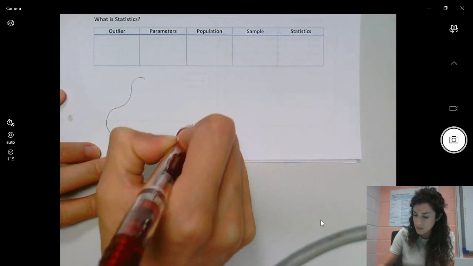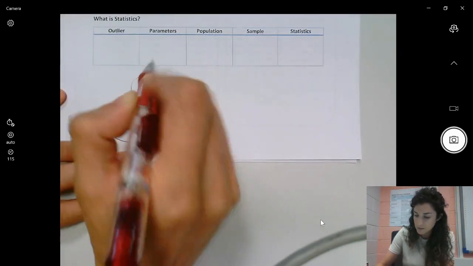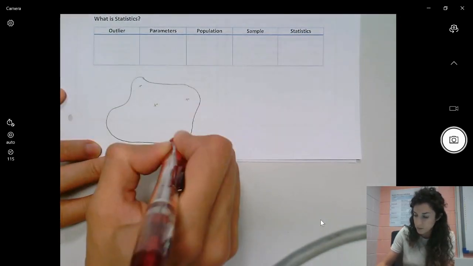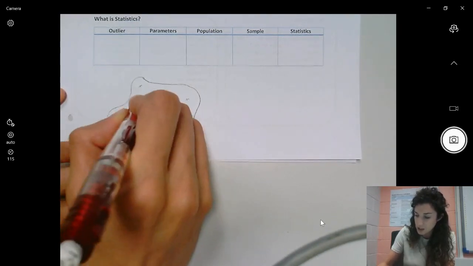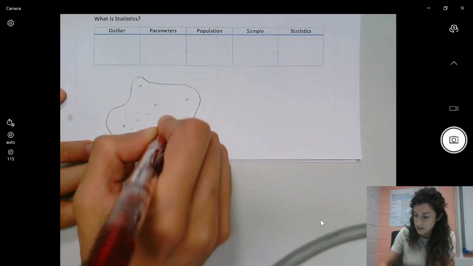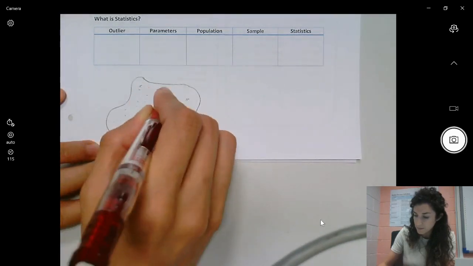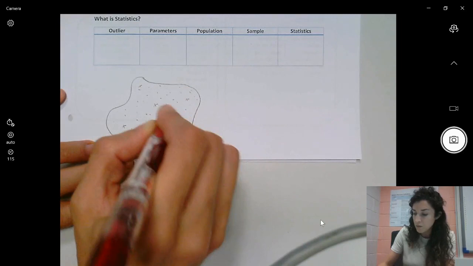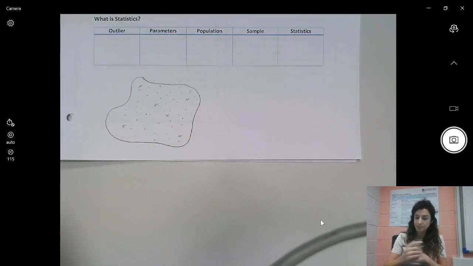So we've got this amoeba of a population. We could have different points of data within this population. They could be different things. We've got the general overview of a population.